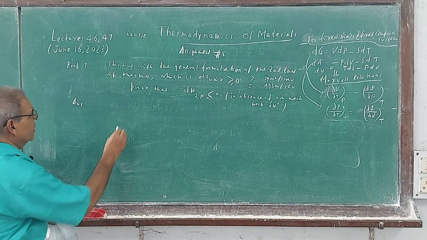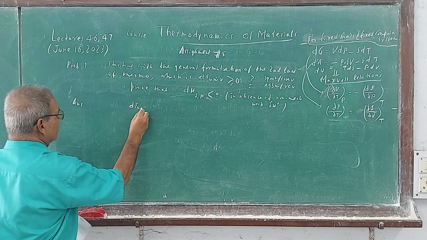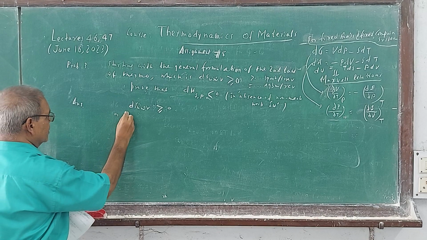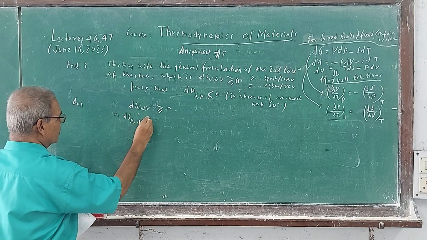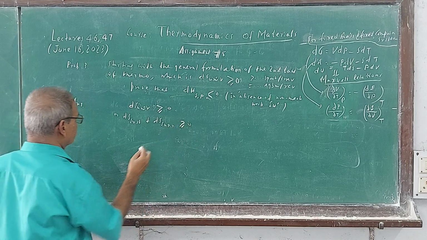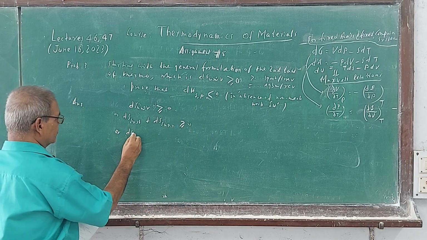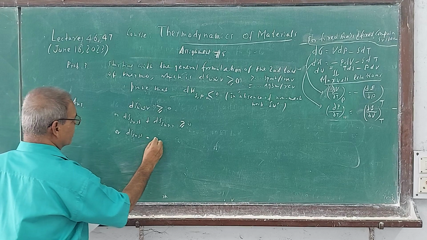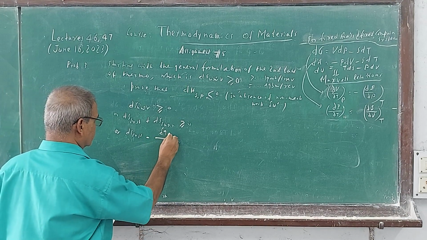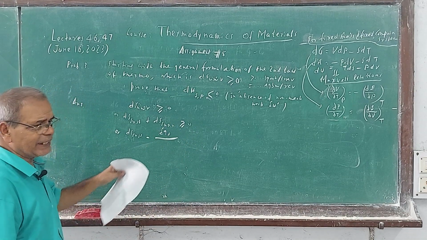The answer is what? Start. Because what I said, dS universe is greater than or equal to 0, that is dS system plus dS surrounding greater than or equal to 0, or dS system minus dq process by T surrounding greater than or equal to 0. See, remember both reversible and irreversible are being addressed simultaneously.